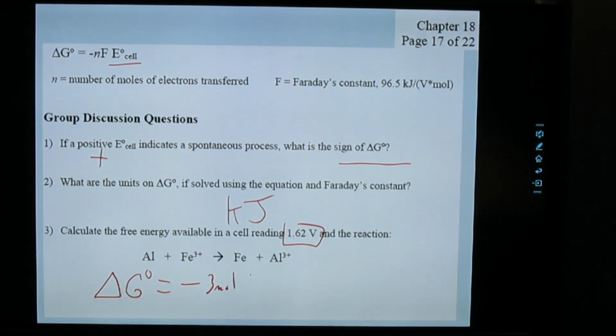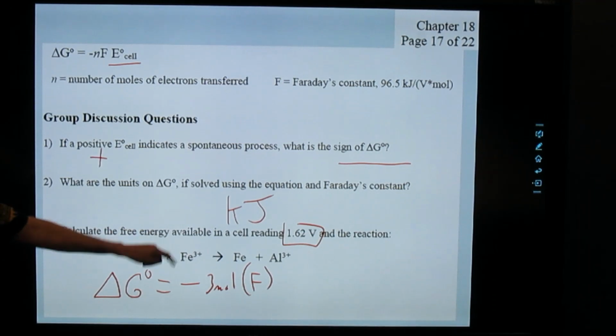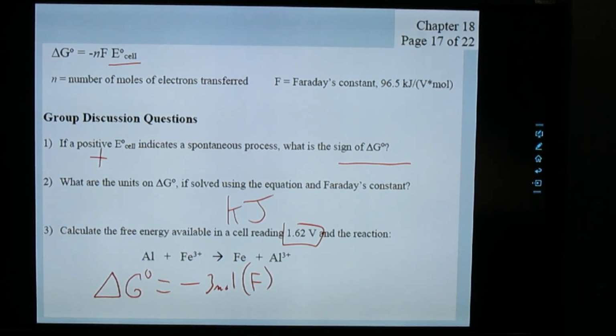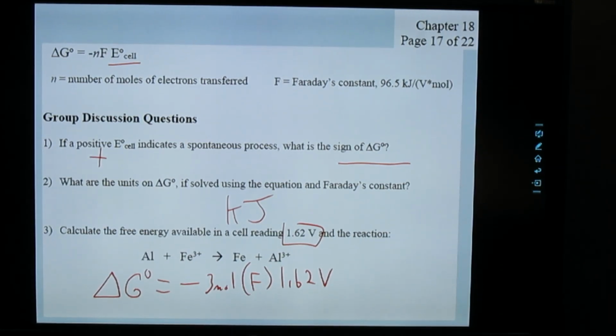Faraday's constant is up above, so I'm just going to write F. That's the 96.5. And then I multiply by the voltage, 1.62 volts. I better check my notes to make sure I have the right answer. Comes out to be negative 469 kilojoules.